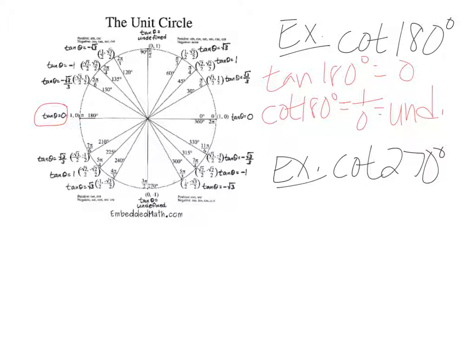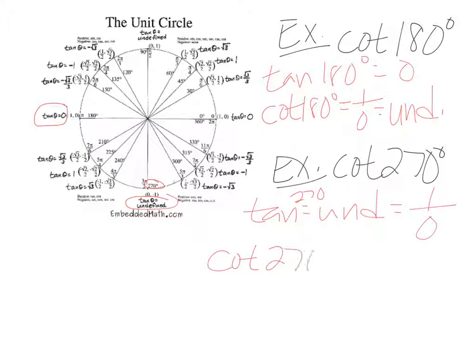The cotangent at 270 degrees, at 270, the tangent is undefined, which means it must have been 1 over 0. So I can flip that to get the cotangent. 0 over 1 is just 0.